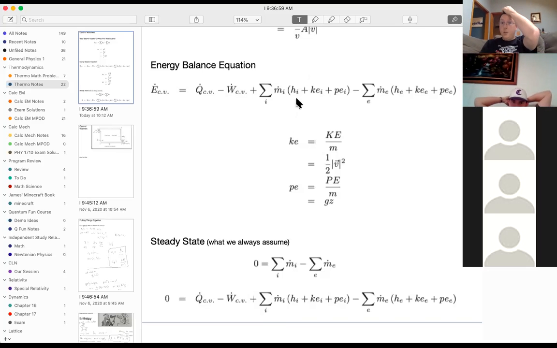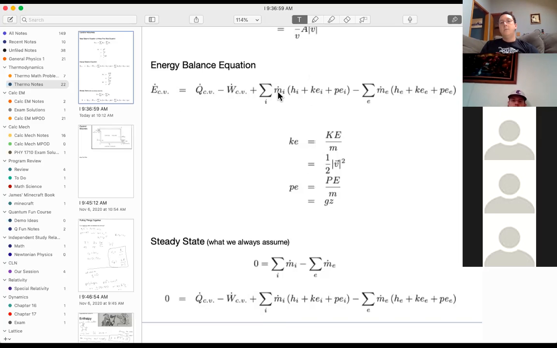All right, so enthalpy, enthalpy, enthalpy. We're going to say that the rate of change of energy inside this control volume is the heat rate minus the power delivered to some propeller or something, and then I also have the energy associated with the mass added minus the energy associated with the mass taken away.